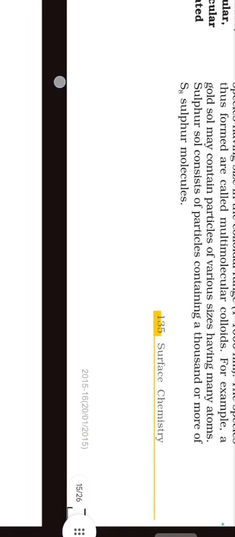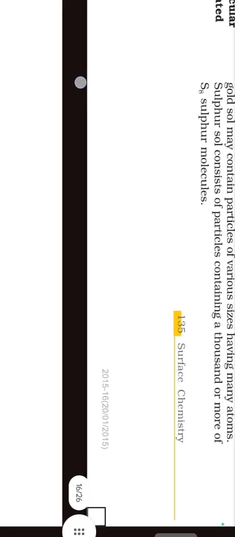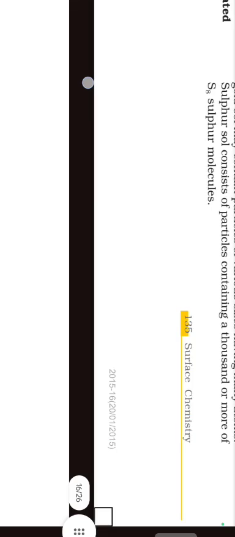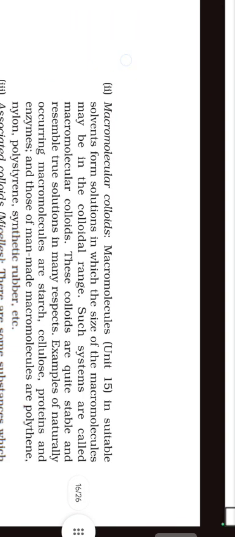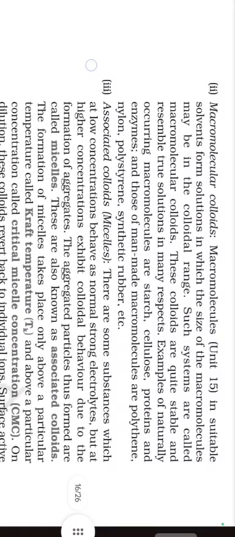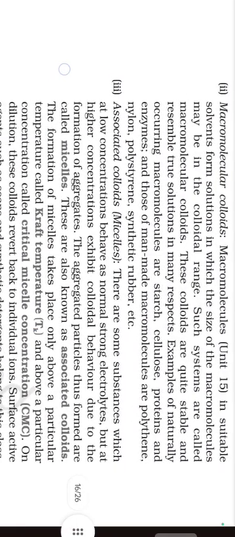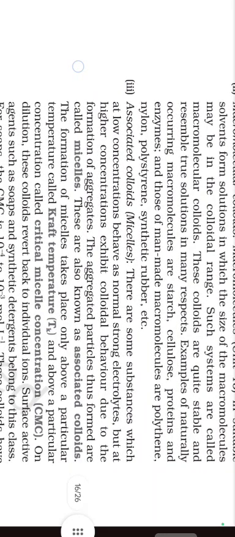For example, a gold sol may contain particles of various sizes having many atoms. Sulfur sol consists of particles containing 1000 or more of S8 sulfur molecules. Second, macromolecular colloids. Macromolecules (Unit 15) dissolved in suitable solvents form solutions in which the size of the macromolecules may be in the colloidal range.